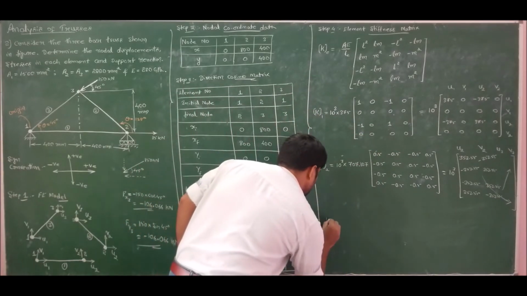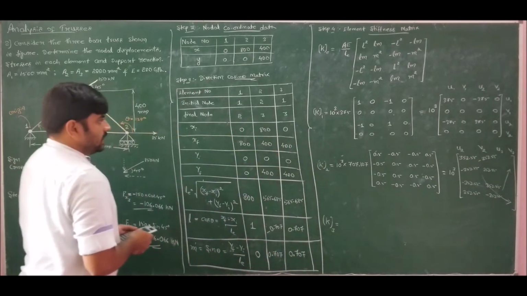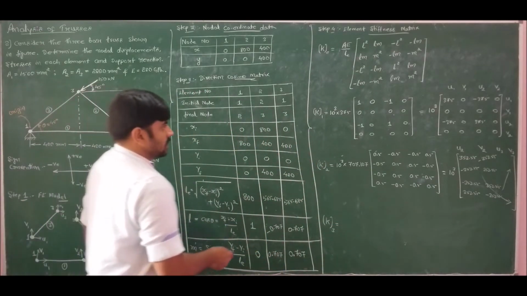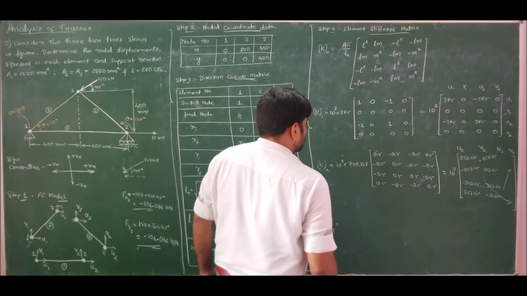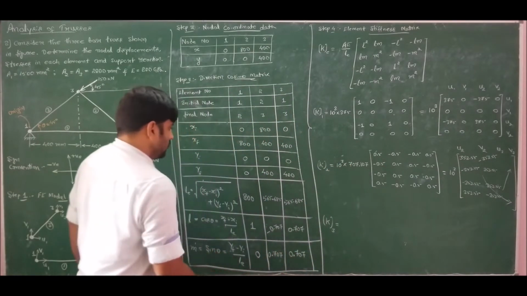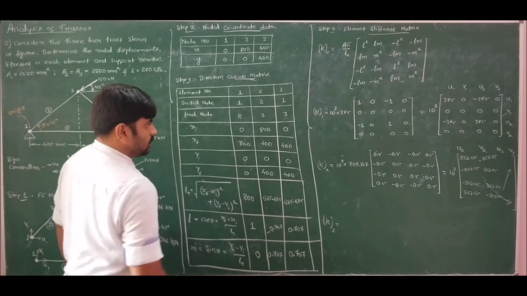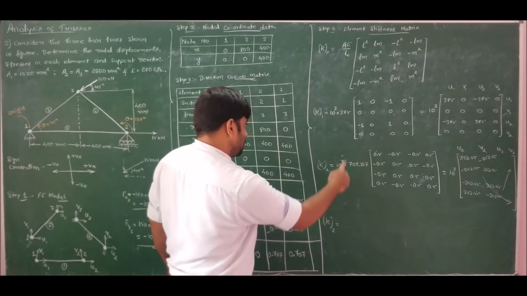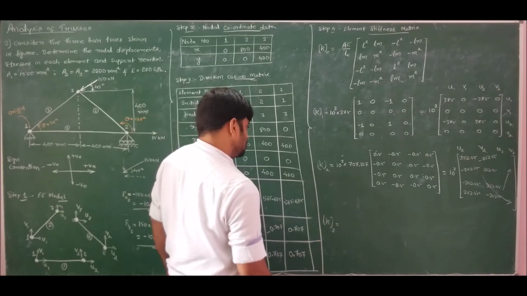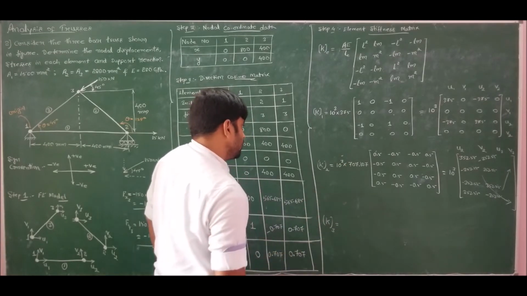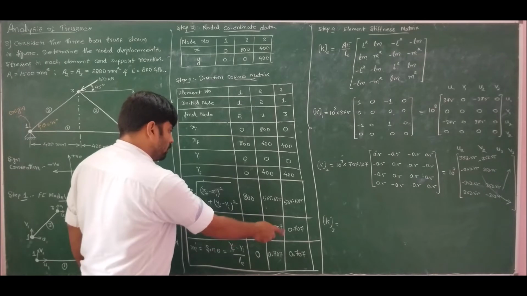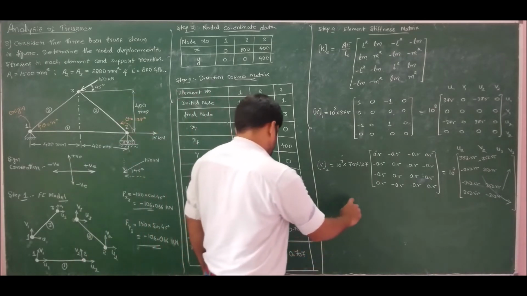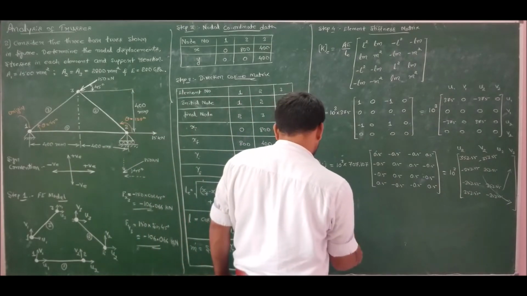Now coming to the final element, element 3, I get the same factor because the length, area and Young's modulus are the same. This value remains the same, and the only change is the direction cosine matrix. In the direction cosine matrix both are plus, so the first 4 terms become plus for us.